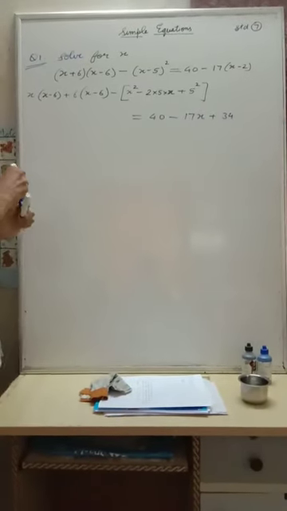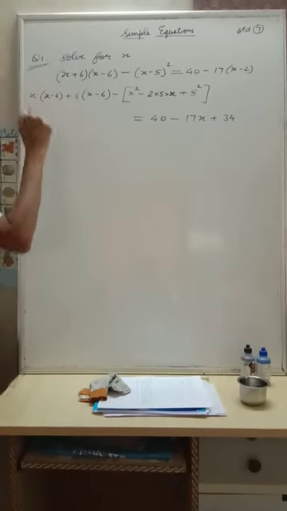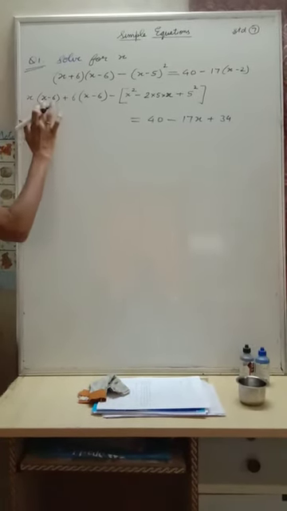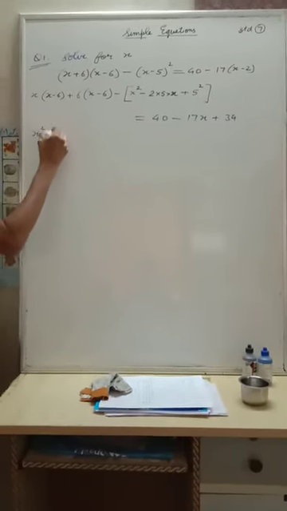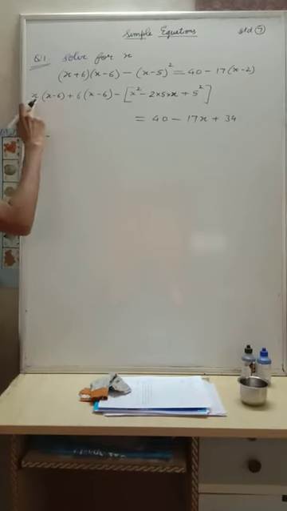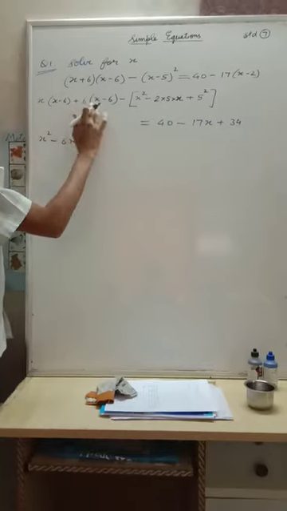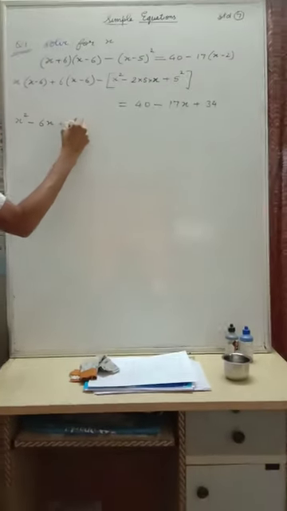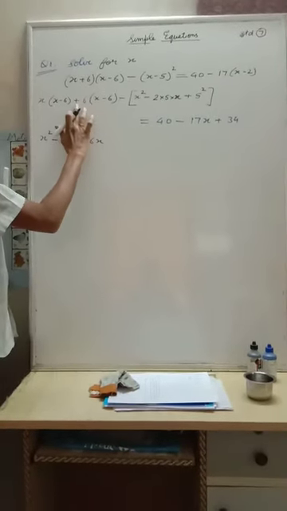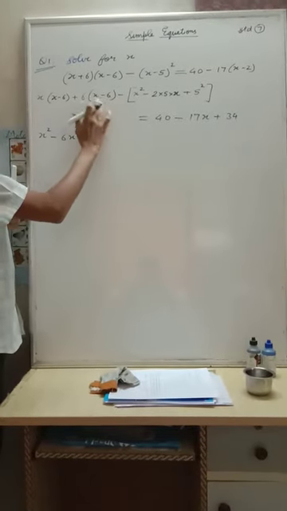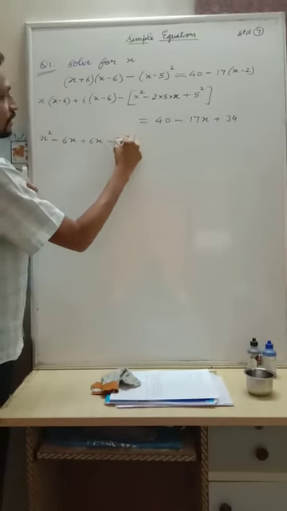Let's continue further. Now I'll expand this. So it will be x into x, so this is x square, minus 6 into x, that is minus 6x. Then it is plus 6 into x, so it is plus 6x. Plus 6 into minus 6, plus into minus, so it is minus 36.